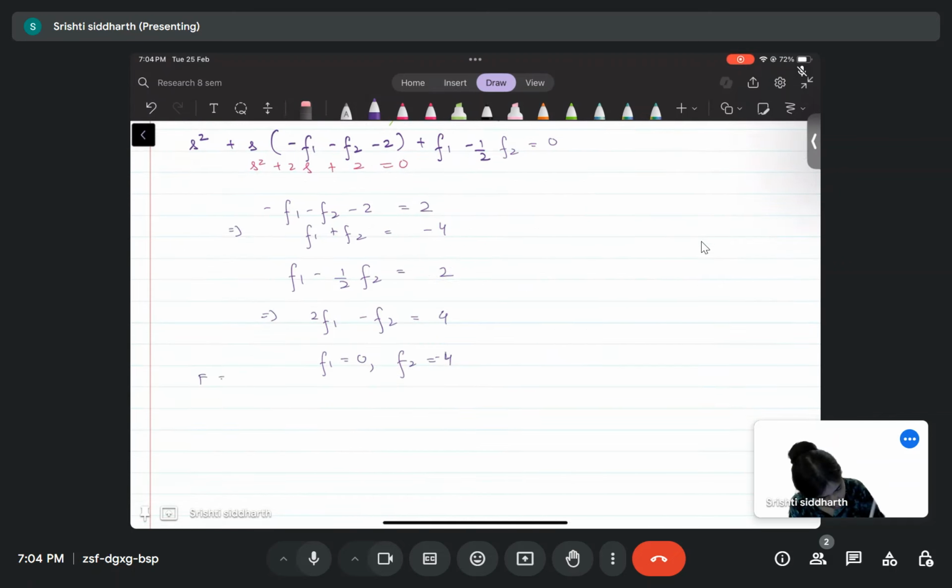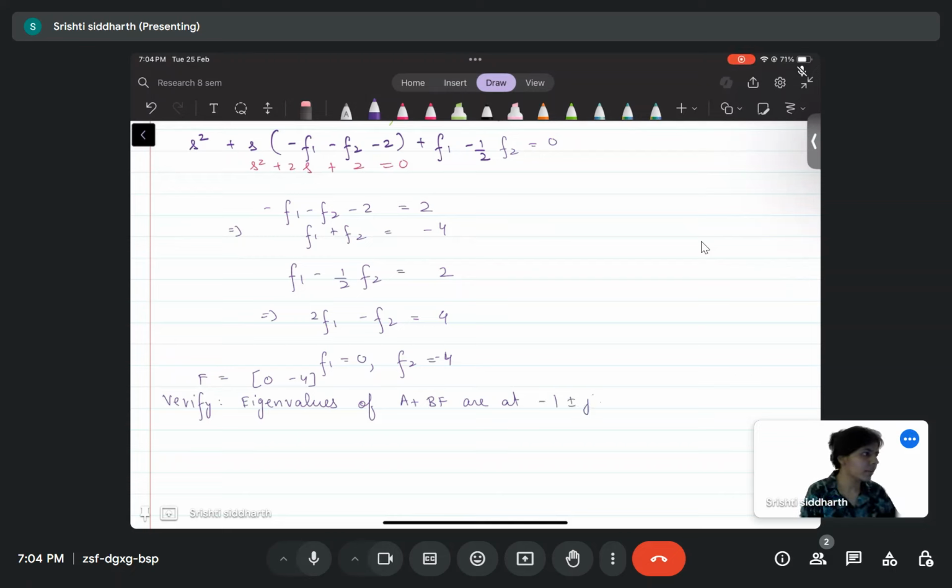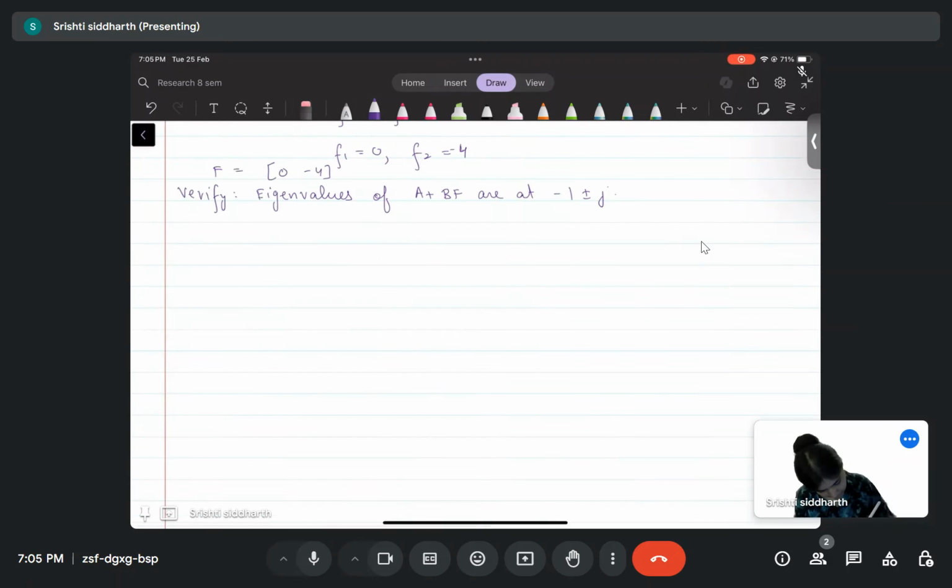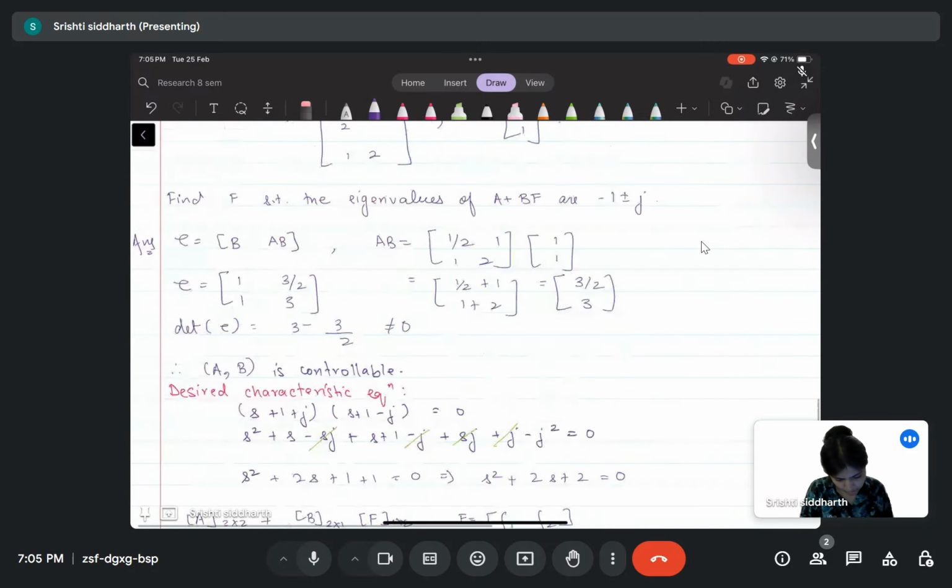So F is 0 minus 4, and we can verify that the eigenvalues of A plus BF are located at minus 1 plus minus j. Alright, now let's move on to the next question. Question 4.